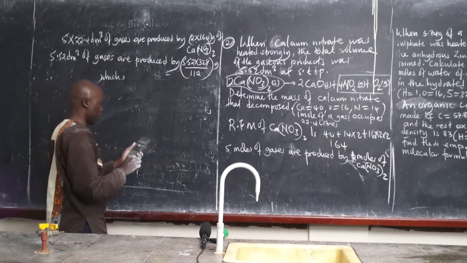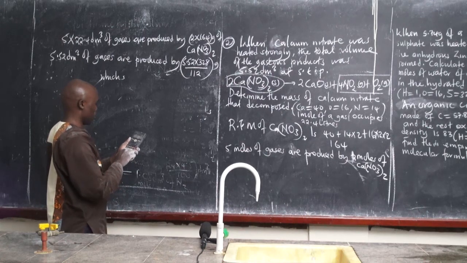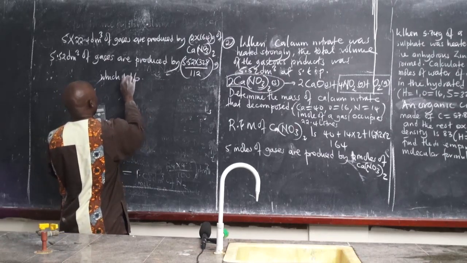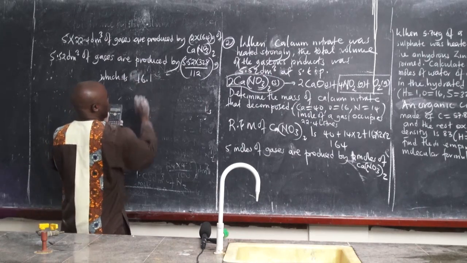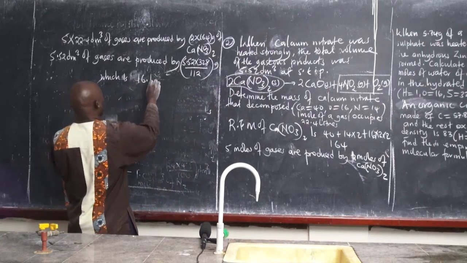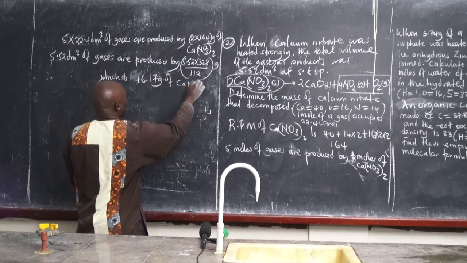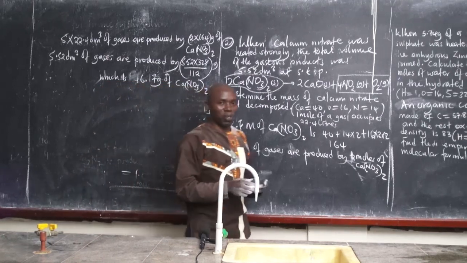So we punch in 5.52 times 328 divided by 112, that gives us 16.1 grams of calcium nitrate. That's how you handle the mole concept.